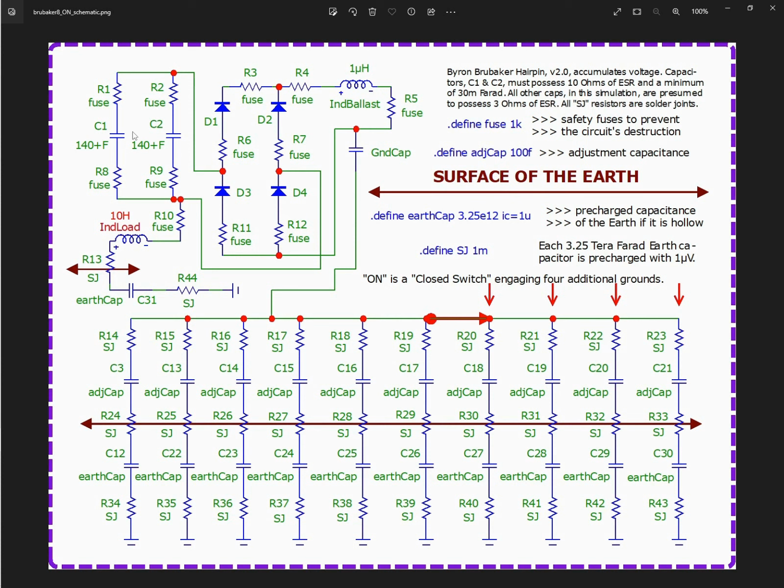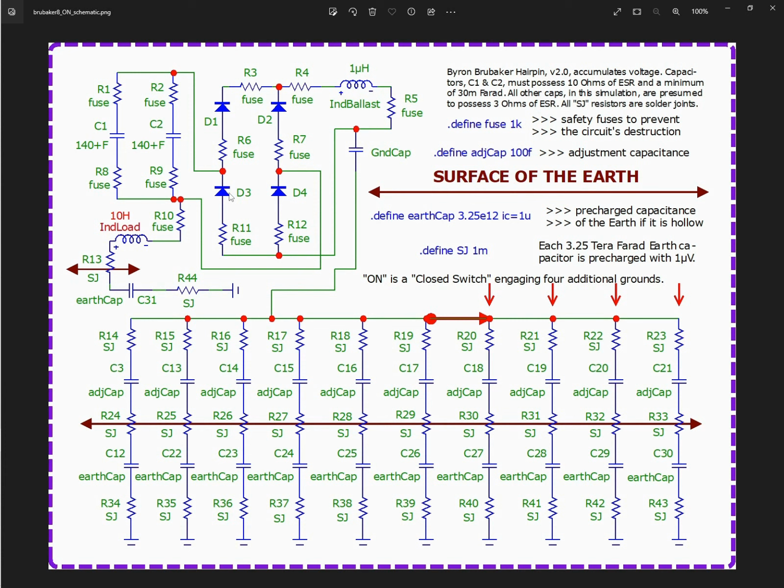Because let's say the AC half phase is, the current is coming in from the left-hand side. So that means it's going to go up through D1, and it's going to be pulling out here, which means it's going to be drawing up current through D4, and D2 and D3 are just going to be sitting there not doing much of anything.